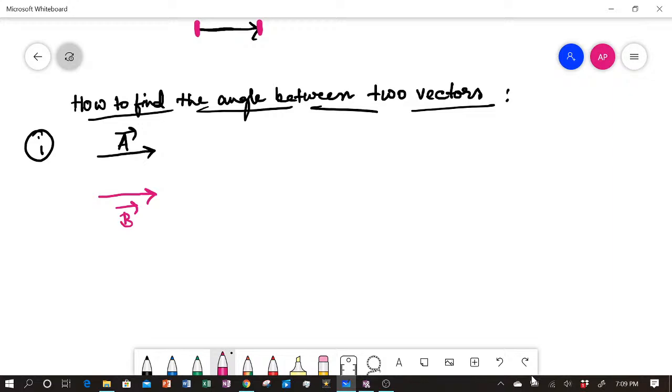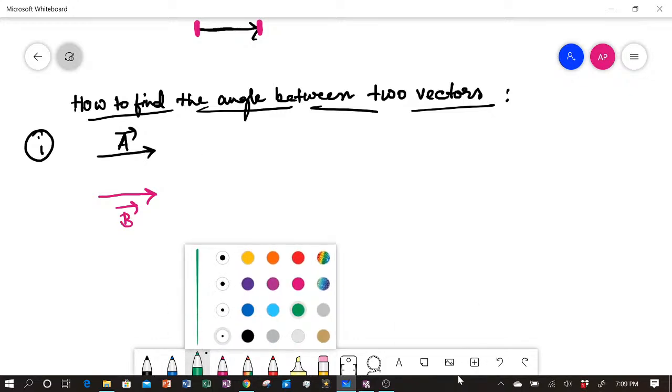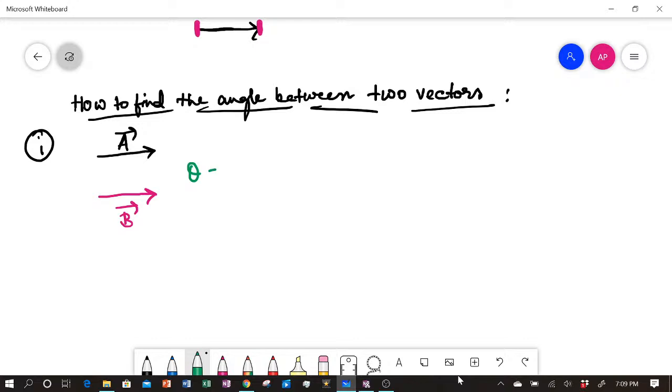This is a very basic thing. Okay, 0. The angle between them, let us call it theta, is 0 degree, right?